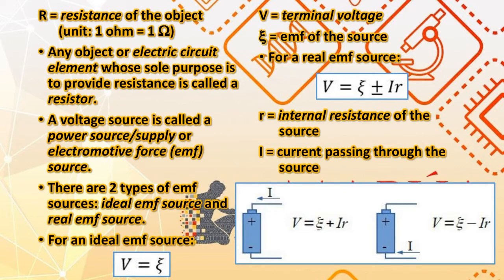If you look at the side of the AA battery, written on the side is 1.5 volts. That's the ideal voltage that the battery can provide. That's the EMF of the battery. For an ideal EMF source, terminal voltage is equal to the EMF rating of the source.